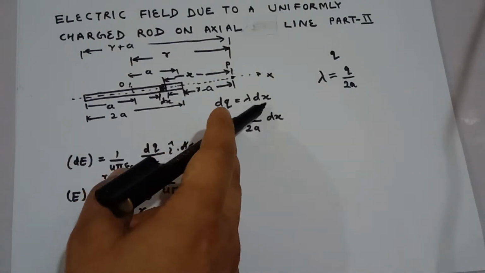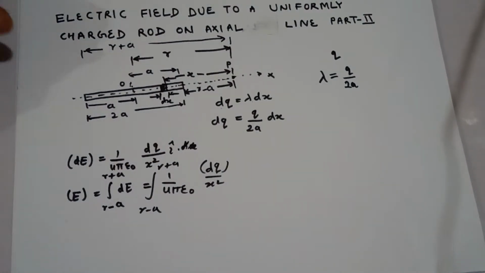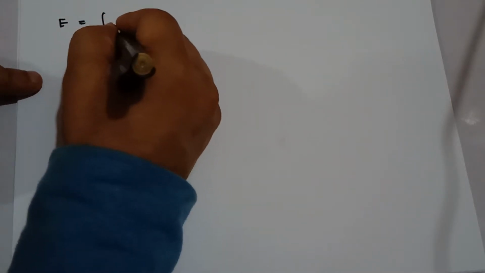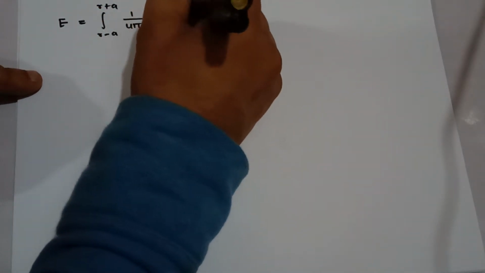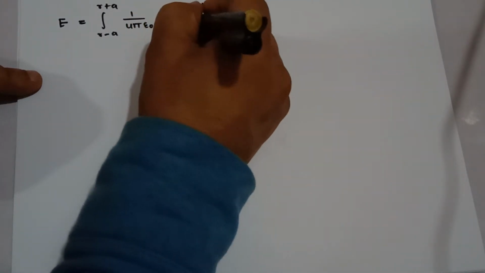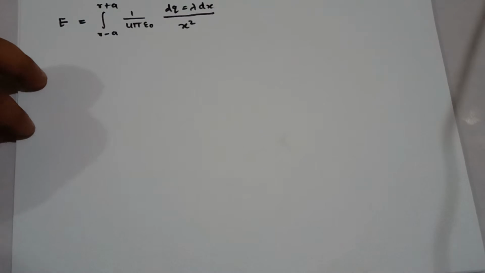Delta q is lambda into dx, so you can put that value here. So the electric field would be the integral from r minus a to r plus a of 1 by 4 pi epsilon naught, lambda into dx, divided by x square, right?